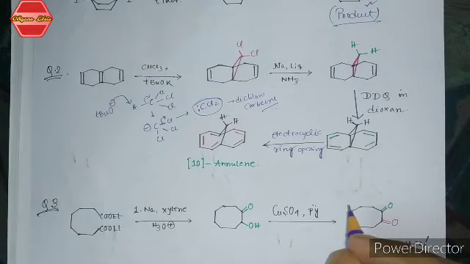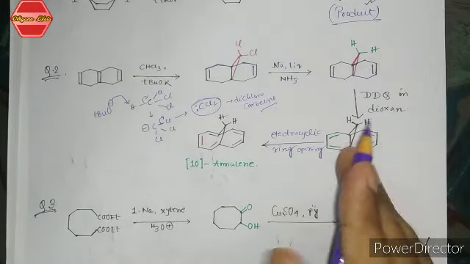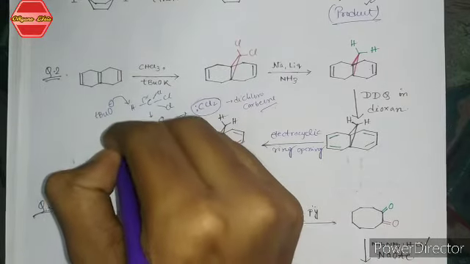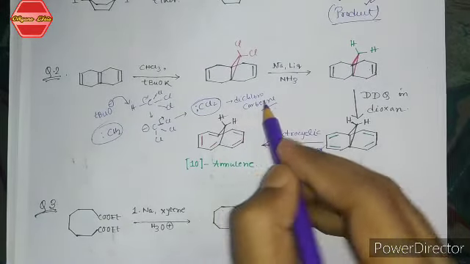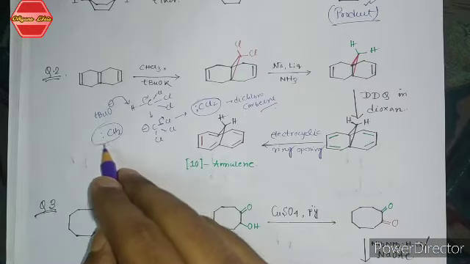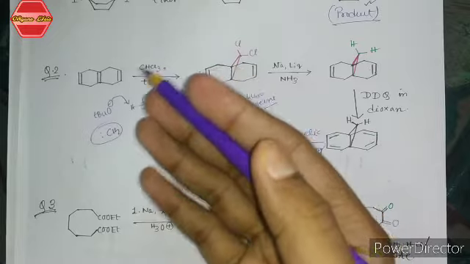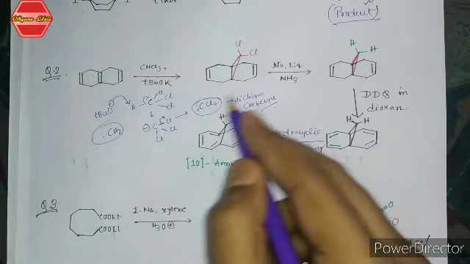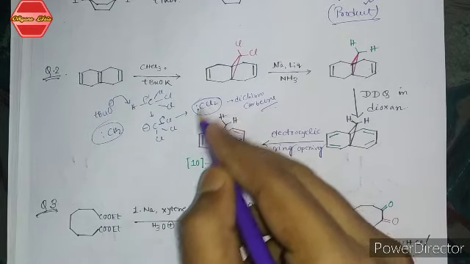This dichlorocarbene is not as electrophilic compared to normal carbenes like this. This is also a carbene, but it is not so electrophilic compared to this one. Why is it not so electrophilic? Just because two Cl atoms are attached to this carbon atom.